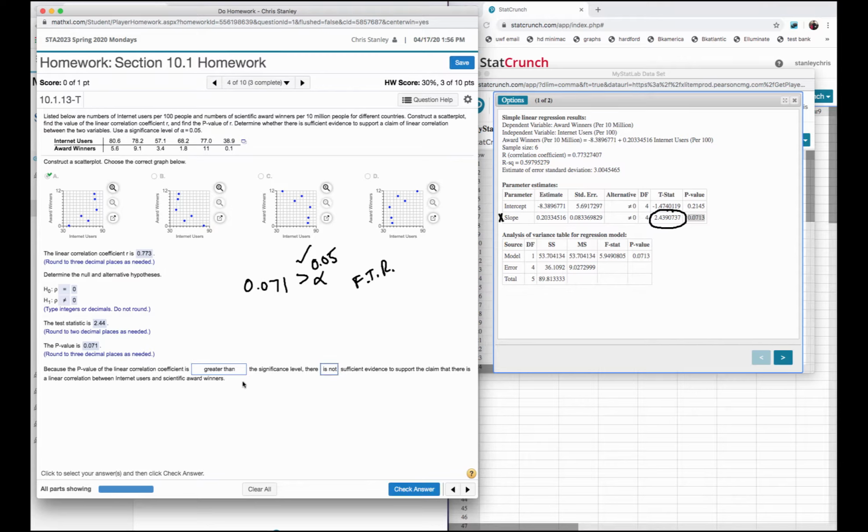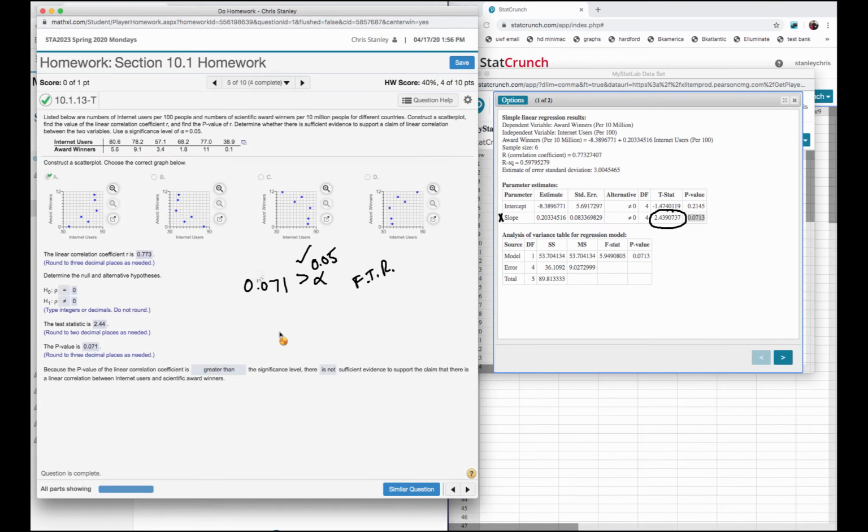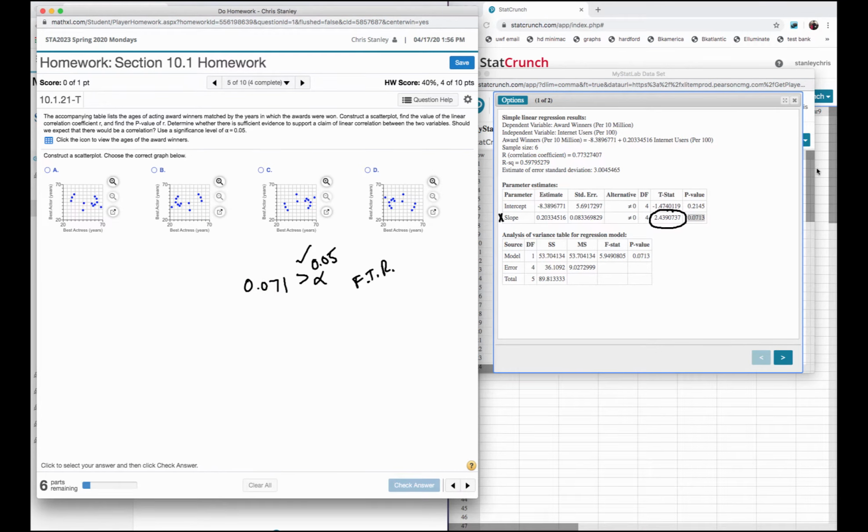Not sufficient to claim that there's a linear. Perfect. So we can't say with this p-value that we have enough evidence that this is a linear correlation. Okay, so that's how you do a hypothesis test through that.